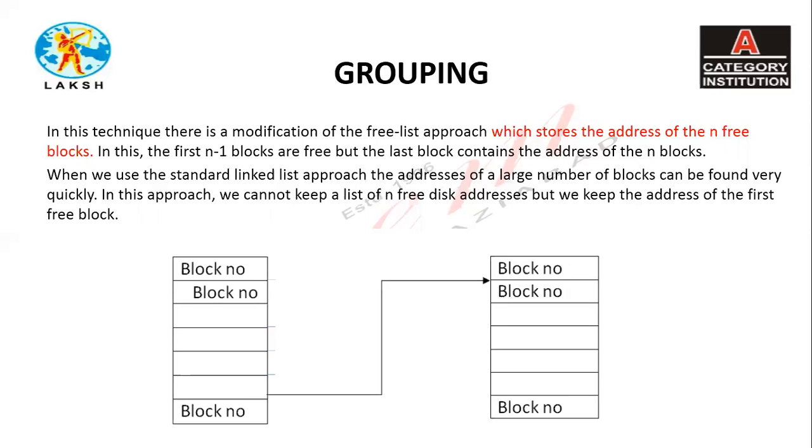When we use the standard linked list approach, the address of the last block can be found very quickly. But here we cannot keep a list of n free disk blocks; we keep the address of the first free block. So here we are not making a list, we are keeping the address, so it is difficult.